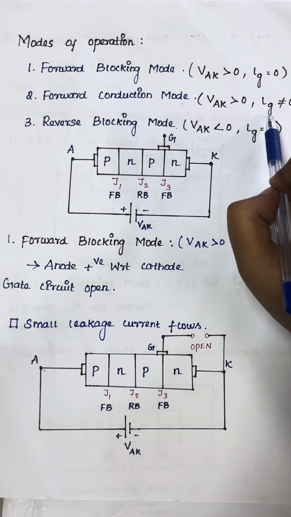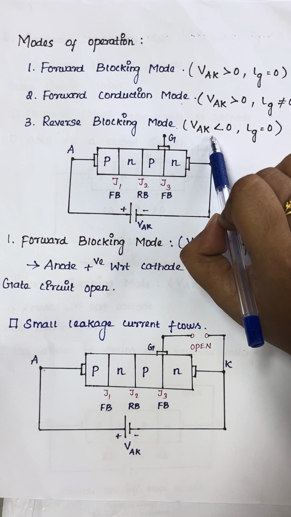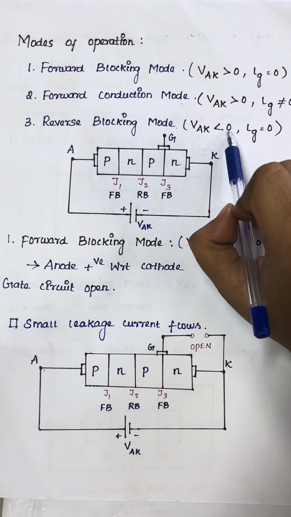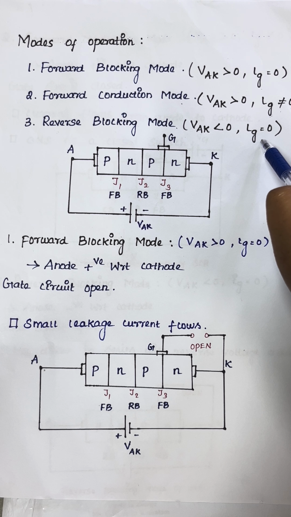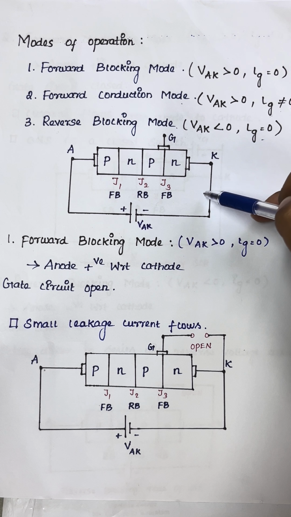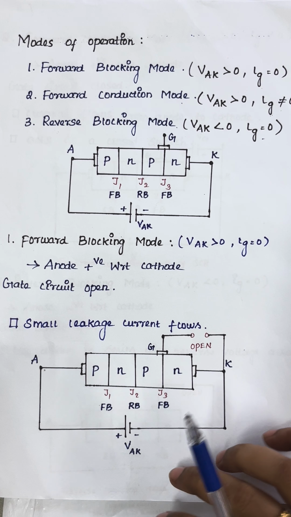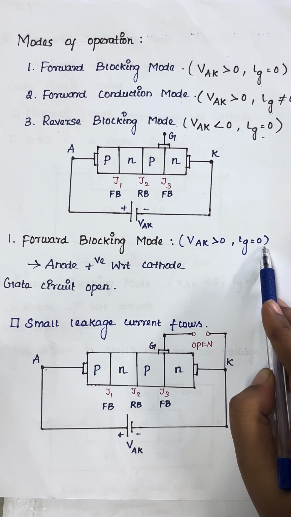In the reverse blocking mode, we apply reverse bias, so the anode is negative with respect to cathode: a below-0 anode-cathode voltage, and the gate current is equal to 0. And this is the forward blocking mode, where V_AK is greater than 0 and the gate current is equal to 0.